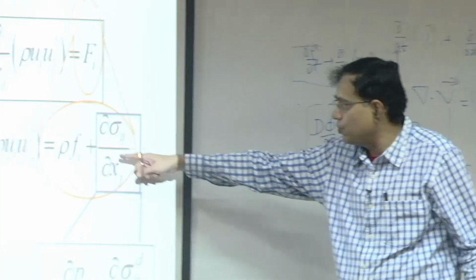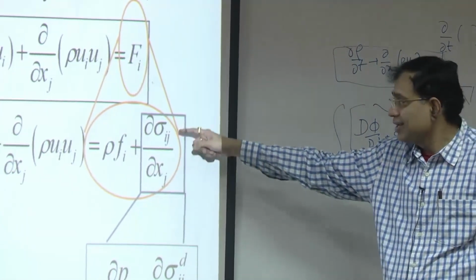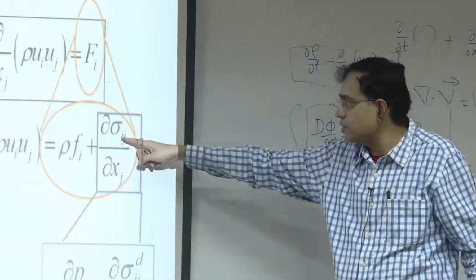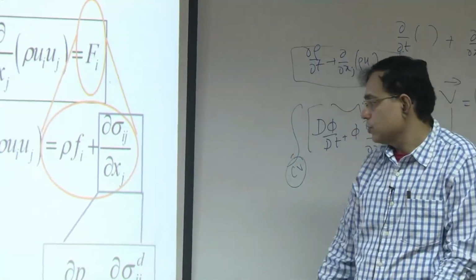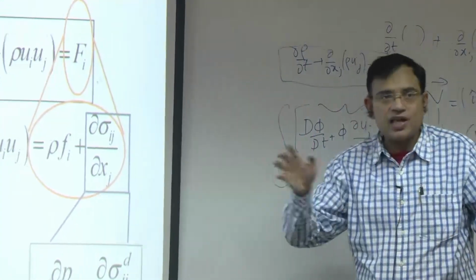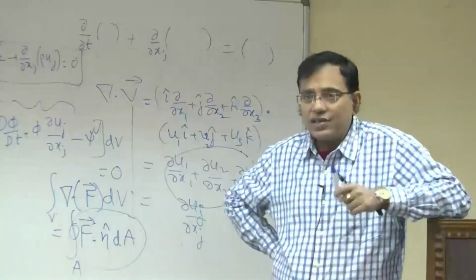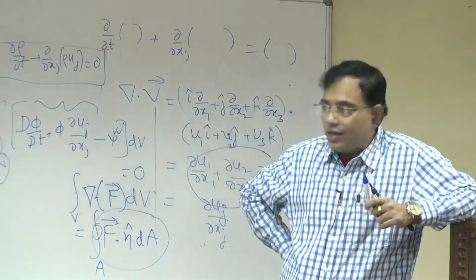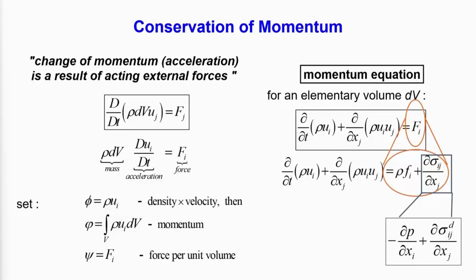The surface force is described in the form of a stress. So, it is the divergence of the stress tensor, and it is a tensor because it has two indices for its specification. The stress which is acting on a surface at a point has two indices to describe.